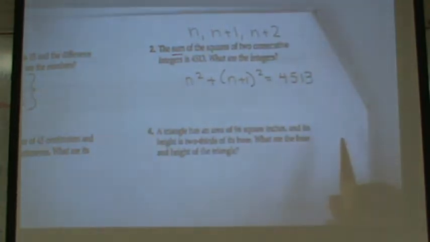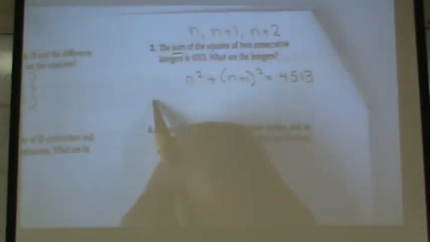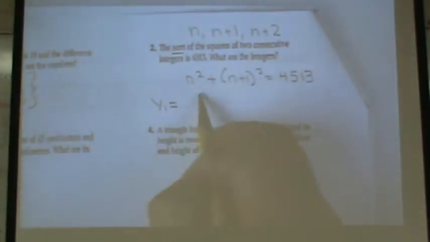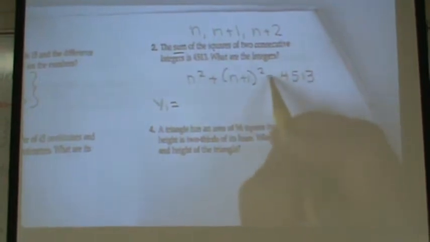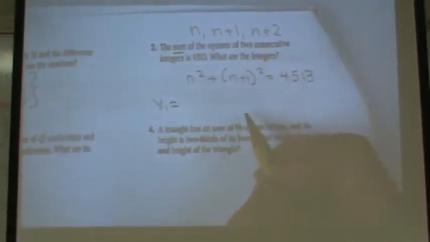You do not have to solve this. But if you were to solve it, you would go to your calculator, and under y1 you would type all this, bring over the 4,513 on the other side. But you don't have to solve it. This is the answer.